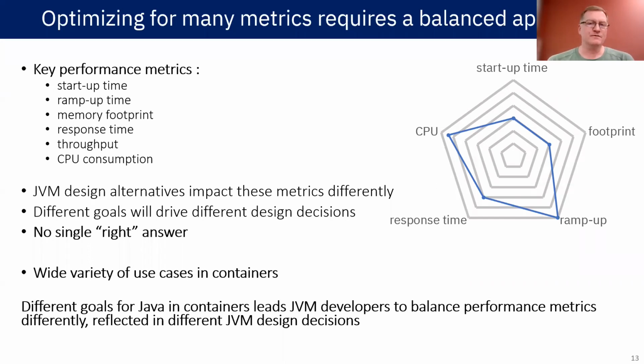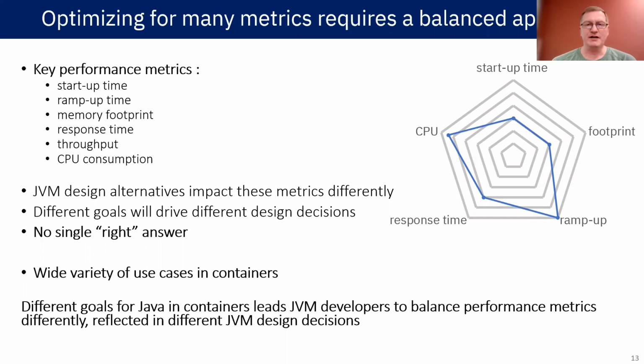All of the various design options are going to have different impacts on these metrics, and we have to choose the best designs in order to achieve the goals that people have for these metrics. Different users are going to have different goals, and if you took that to the extreme, that could drive very different design decisions. There's no single right answer, because what you want is what you want, and what I want is what I want. And just because we want different things doesn't mean either one of those is wrong. It just means that we have different needs for the JVM.